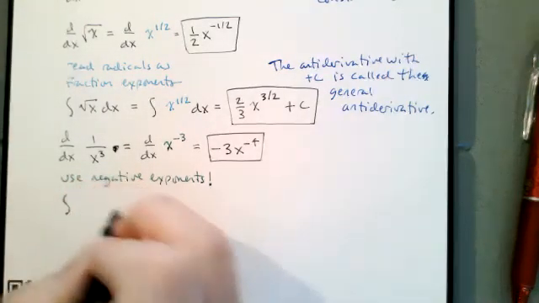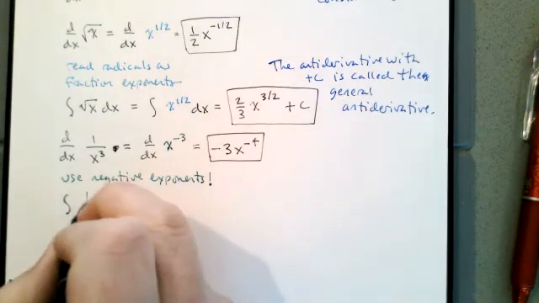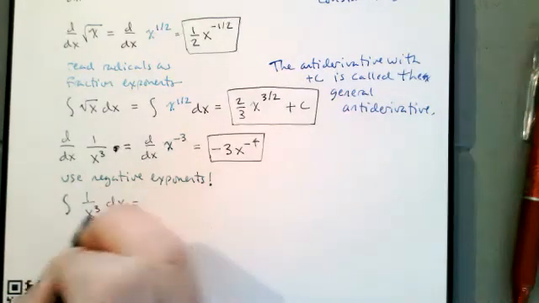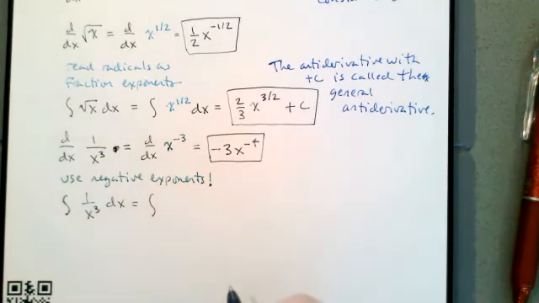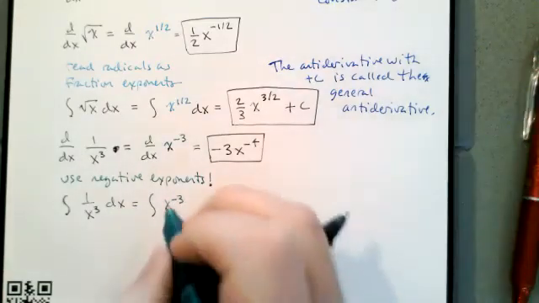Since that's a thing, this negative exponent business is something that we're going to do with derivatives. It's also going to be a thing that we do with antiderivatives. We're going to read x to the third in the denominator as x to the negative 3 dx.